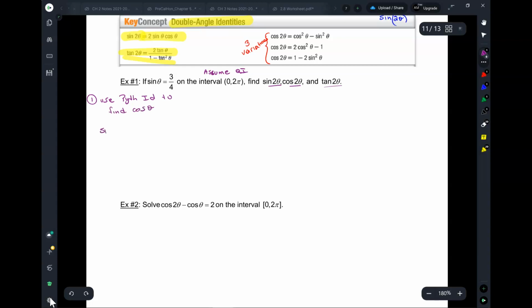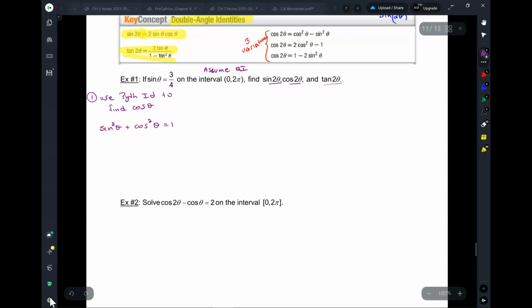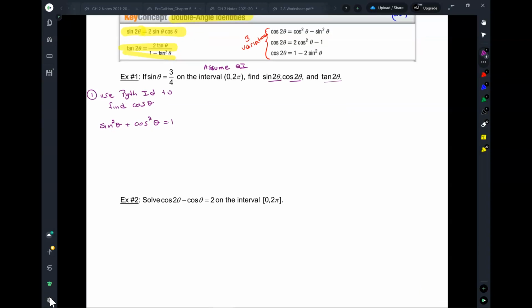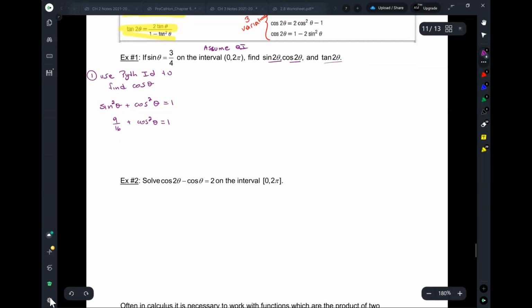All right, so sine squared theta, you guys are experts on this now, plus cosine squared theta is equal to 1. Sine squared theta is 9 over 16, plus cosine squared theta is equal to 1. Subtract 9 over 16. Cosine squared theta is 1 minus 9 over 16. So now cosine squared theta is 7 over 16.